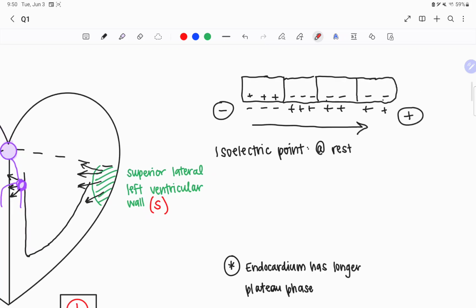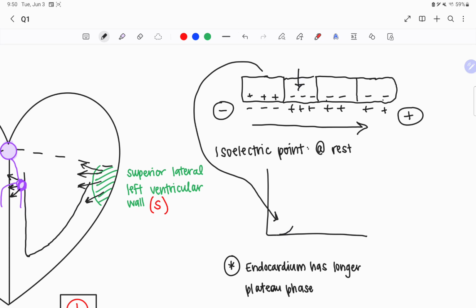If we look at this, I've got 4 cells here in a row, and I've already got one that's starting to depolarize. And so at this point, if I have a graph here, right here we're going to see a little blip up.